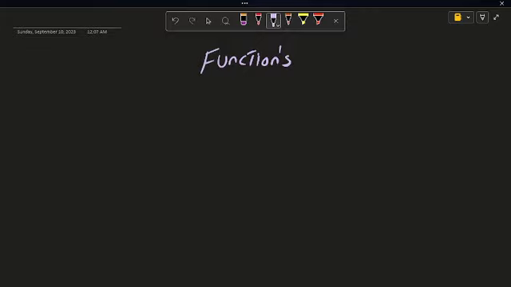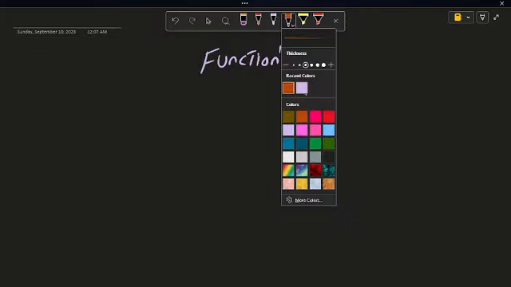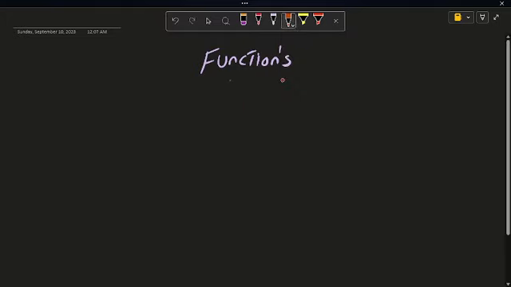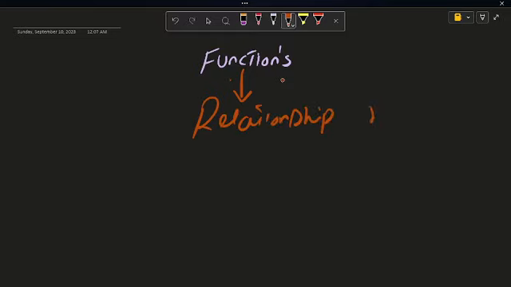So function. When someone asks define function, what does it mean? Function means actually a relationship between two quantities.